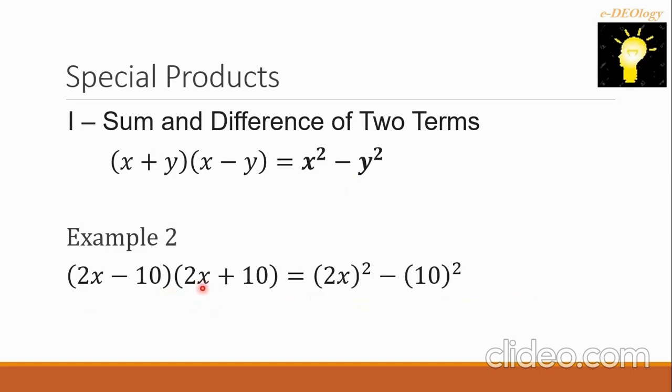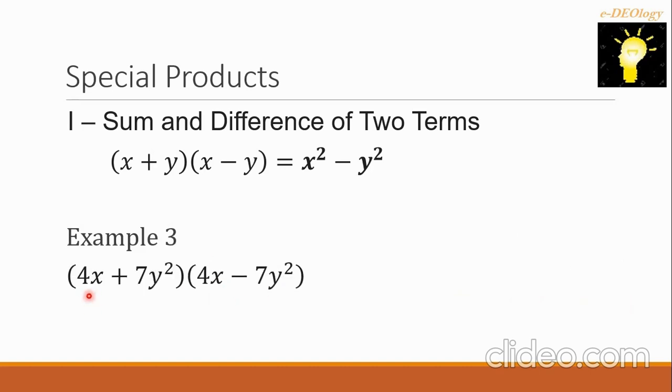The 2x, that is the first term, we will put it here and square that, and then minus the 10, the second term, put it here and then square that, and we will simplify each term. So the 2x all raised to 2 becomes 4x squared, then minus the 10 squared is 100. So this is our final answer.